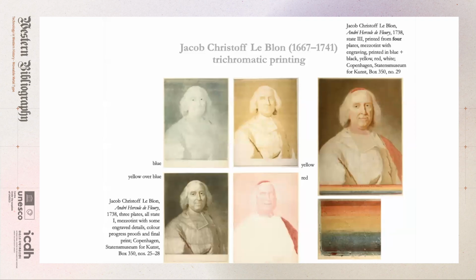Due to the ink's transparency, every desired color could be reproduced. The color proofs show how yellow over blue created greens. The detail in the lower right exemplifies how to create a complete spectrum of colors by overprinting blue, yellow, and red. Black and white could be added occasionally.